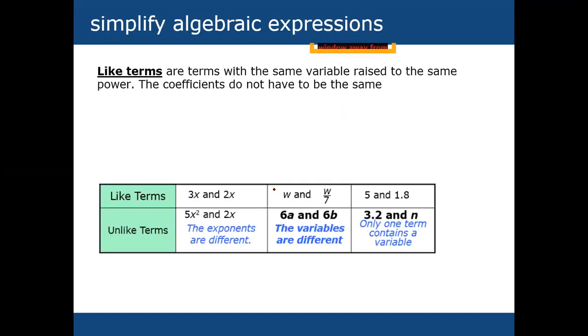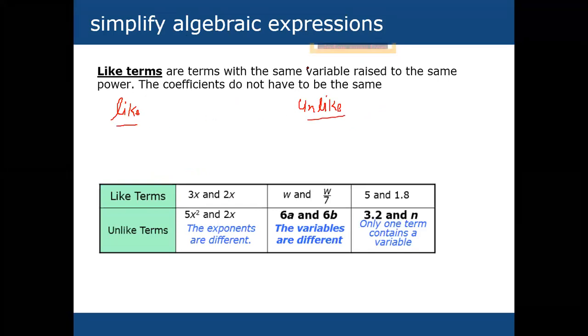Do you know what like terms and unlike terms are? Like and unlike terms. Terms with the same variables raised to the same power are known as like terms. For example, x square and x square are called like terms, variable x with power 2 and 2.